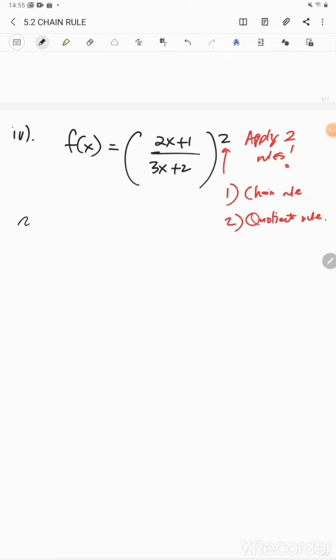Okay, for chain rule, remember when we differentiate fx, you have to bring 2 to the front, copy all terms inside the bracket, plus 2. Power we have to deduct 1, so 2 minus 1 we get 1, right? No need to write. So next we have to differentiate all terms inside the bracket. So since we have here division, you have to apply quotient rule.